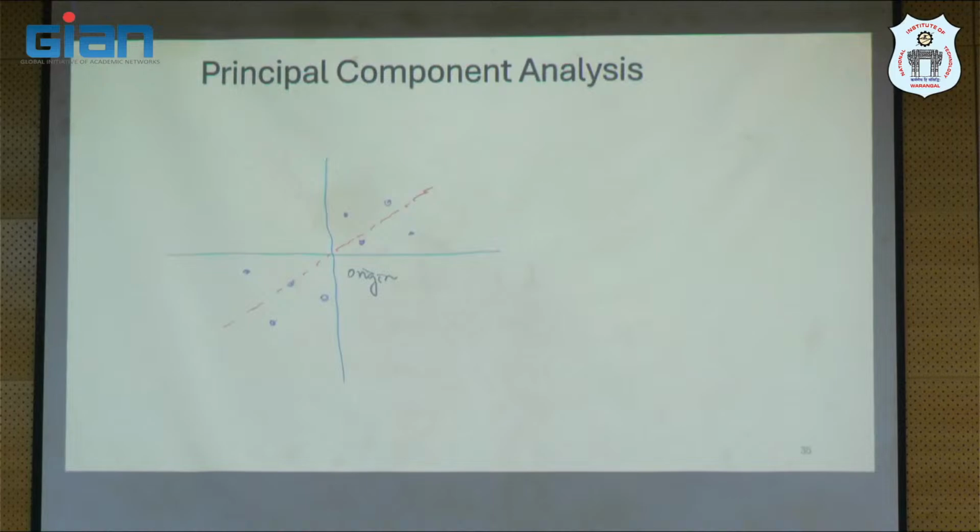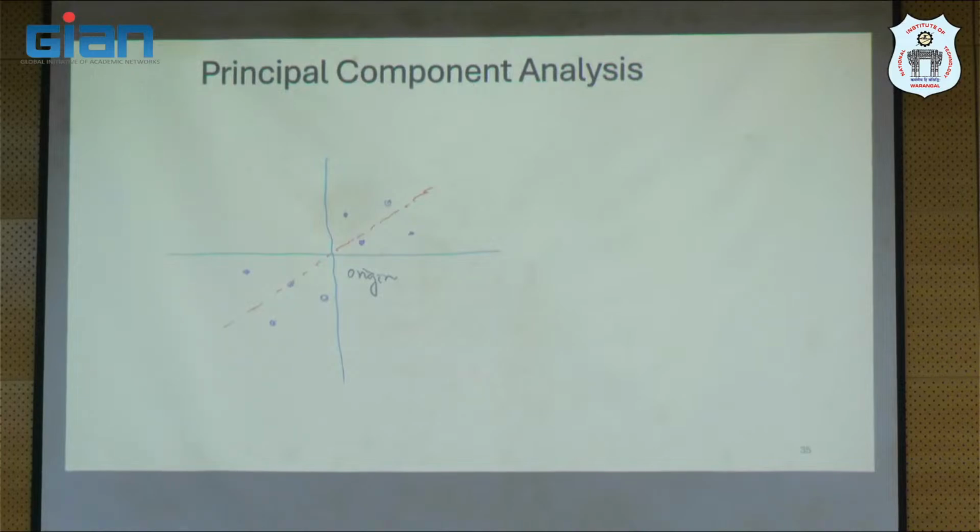What do I mean by that? My data originally had so many purple points, right? 8 purple points. Rather than saying that I will have 8 purple points as my data, I am saying that there is only one line that passes through the origin, and that line is giving me all the 8 points of my data.